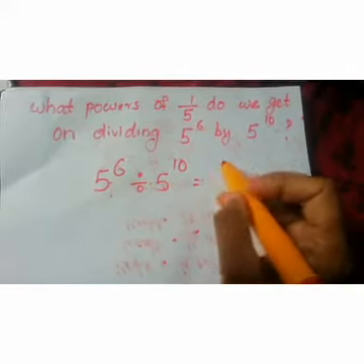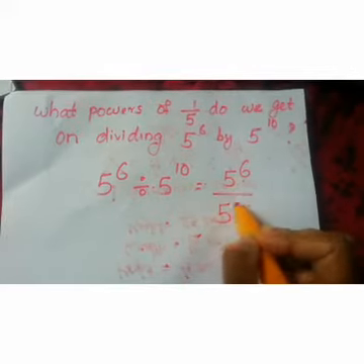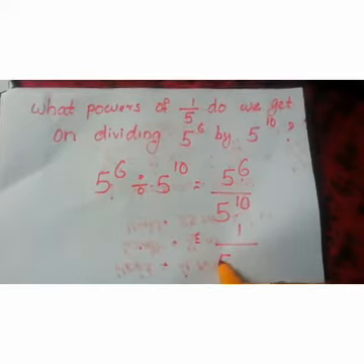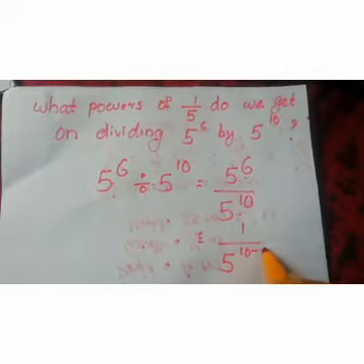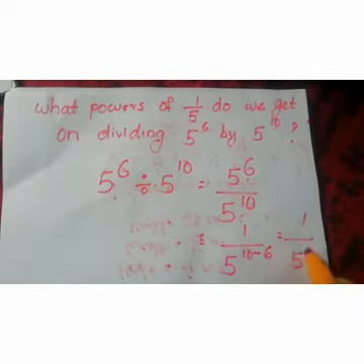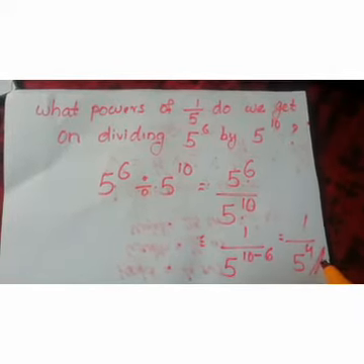So 5 raised to 6 divided by 5 raised to 10 should be 1 by 5 raised to 10 minus 6, which equals 1 by 5 raised to 4. This is the answer for this question.